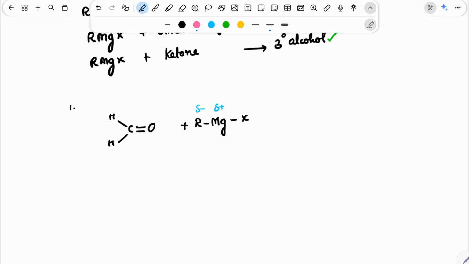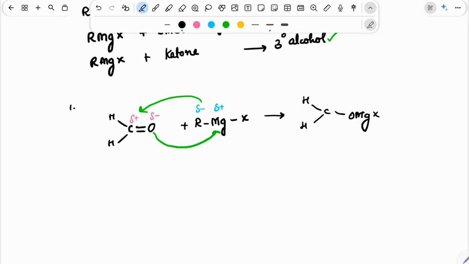Metals are electropositive, right? So it will be R minus and Mg plus. Now in the carbonyl compound, we know very well that carbonyl carbons are electron deficient because oxygen will attract the electron pair towards itself since it's more electronegative. Now the addition happens in a way that the negative attacks positive.